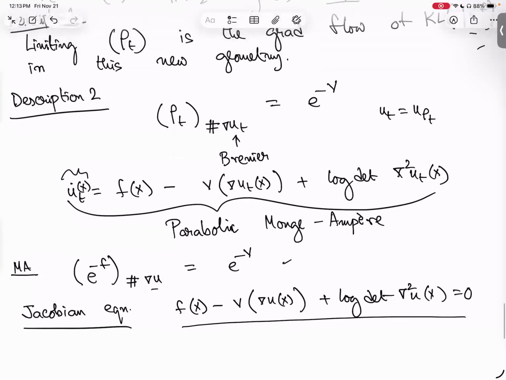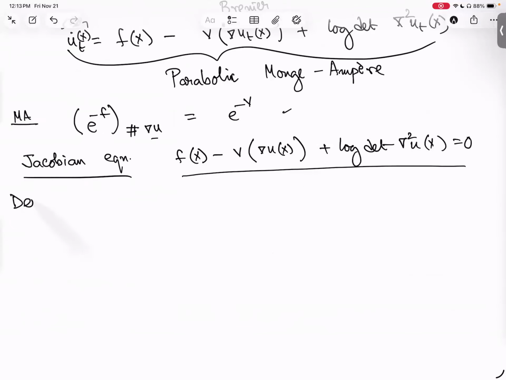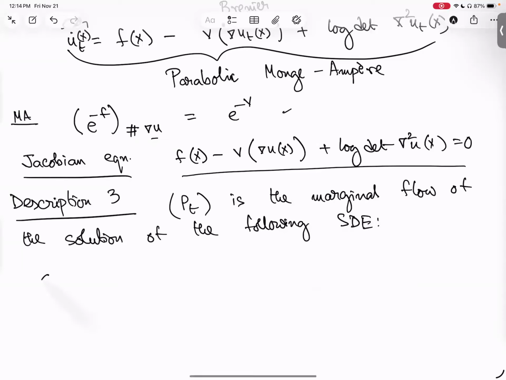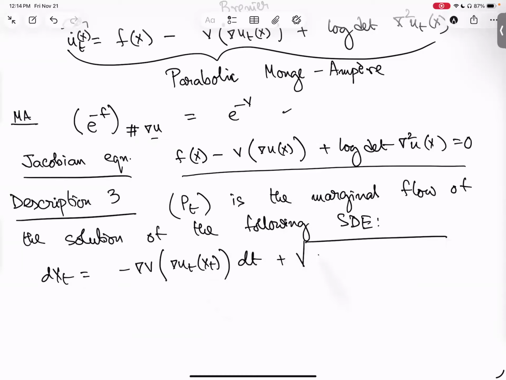Description 3: rho_t is the marginal flow of the solution of the following SDE, which is dX_t equals minus gradient of V, gradient of u_t of X_t dt, plus square root of 2 Hessian of u_t of X_t inverse dB_t.